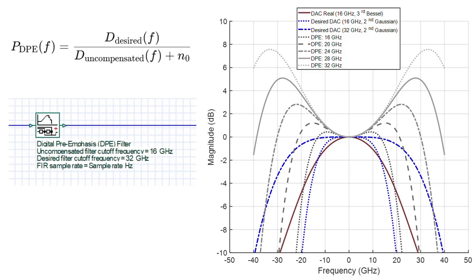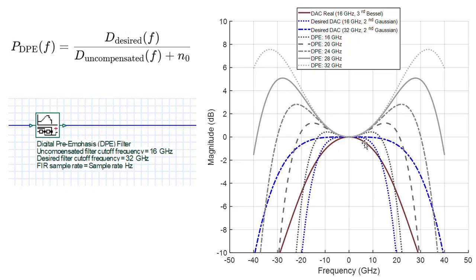The theoretical foundation for this filter is fairly straightforward. In the channel, for example, we have an uncompensated filter shown here in red. This could be a bandwidth limitation on a driver, digital analog converter, or any electrical component in the path of the electrical signal.